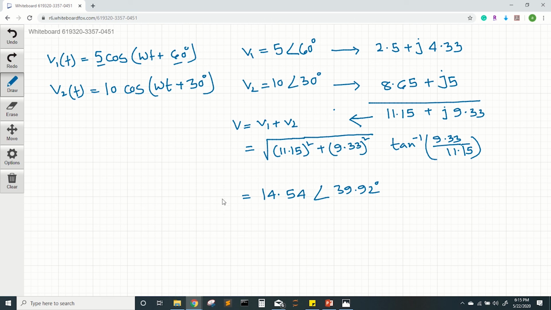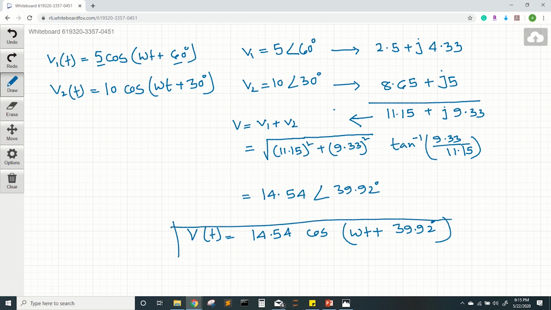If we want to get the final v(t), it will be 14.54 cos(omega t plus 39.92). So this is the final phasor.